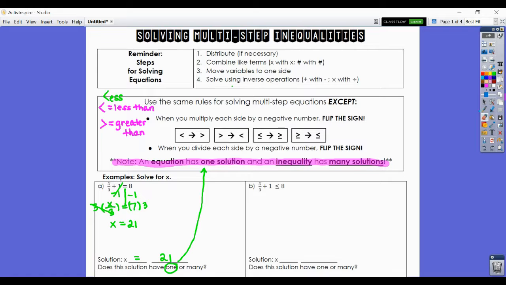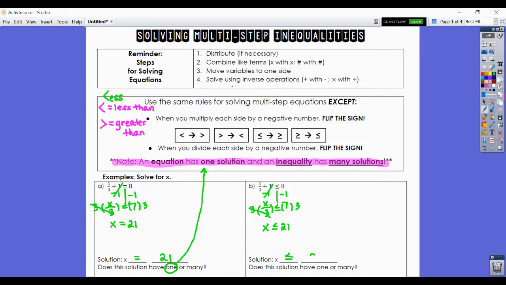Next, example B is x divided by 3 plus 1 is less than or equal to 8. So that's an inequality, but we still solve it the same way by subtracting over 1. That makes again 7 like we had before, keep the less than or equal to sign, and then we multiply by a positive 3. So no change of sign needed. We just get x is less than or equal to 21.